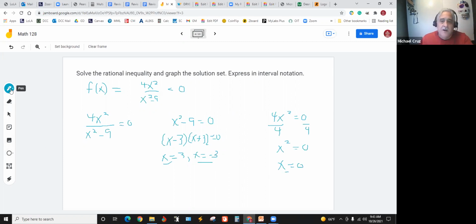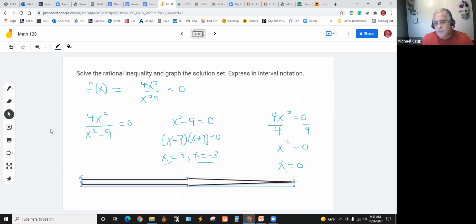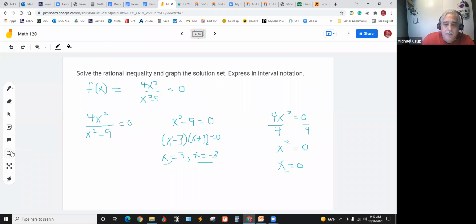It's hard to make a line with this system because they don't really have a line. Anyway, let's go back to the black and I'll draw one.